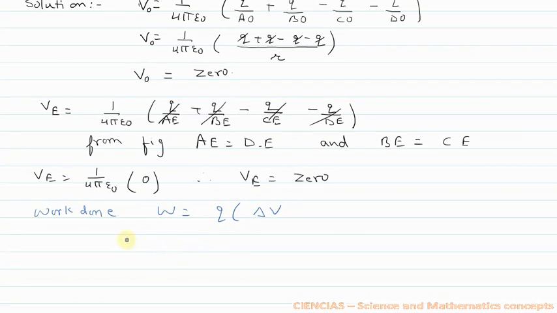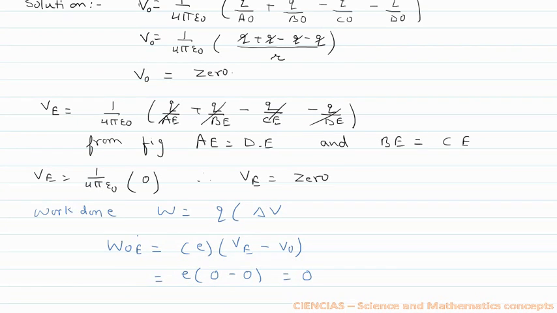So work done in carrying a charge from O to E, given charge is e and potential difference, potential at E minus potential at O, that is equal to e times (0 minus 0), so work done is 0. So this is the portion that was asked, work done from O to E.